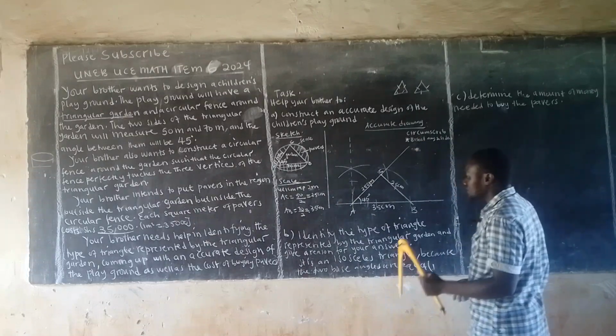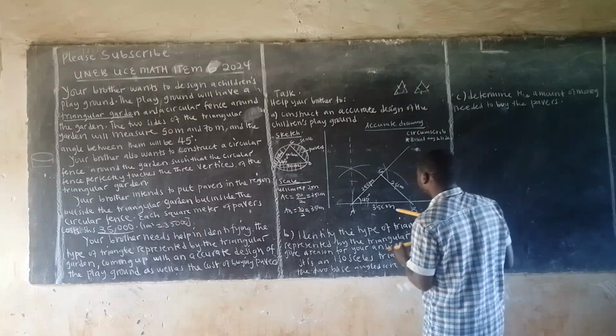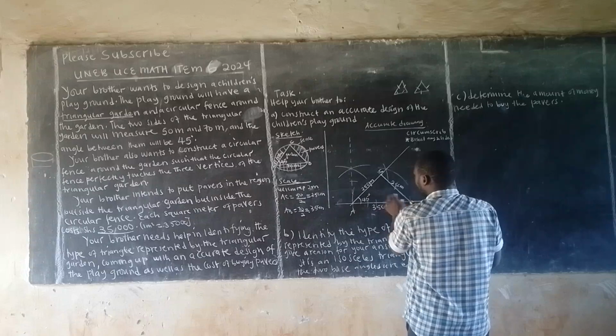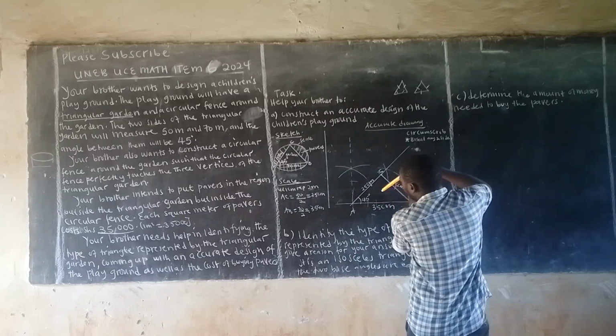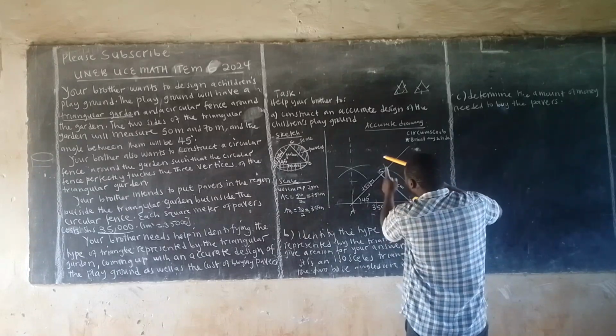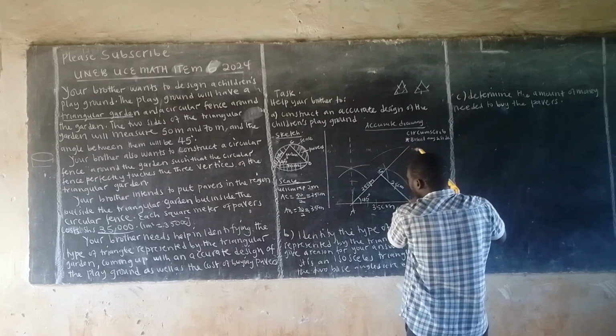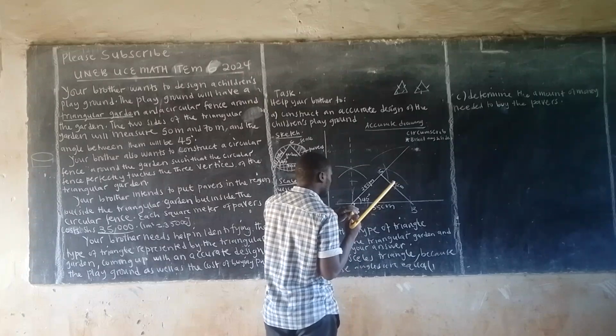Circumscribing: bisect any two sides. So to bisect any two sides, I want to bisect this side. Since this area is congested, I'll put it somewhere up. Make that arc. Be careful, watch the arcs so that you don't get lost.